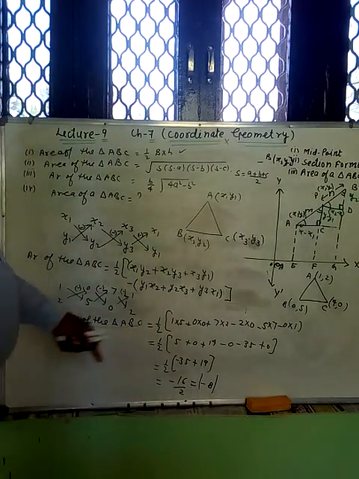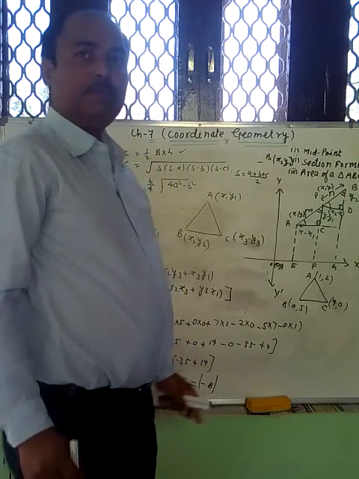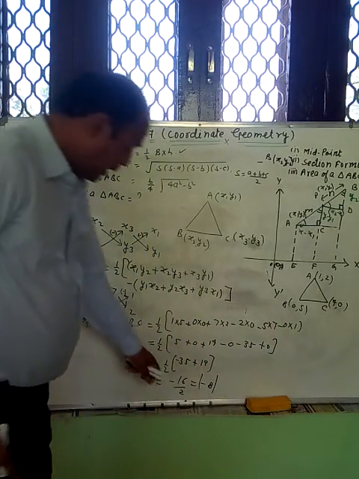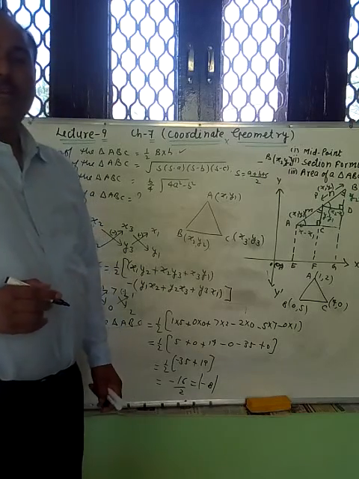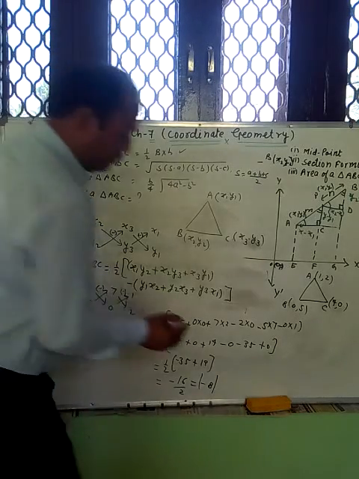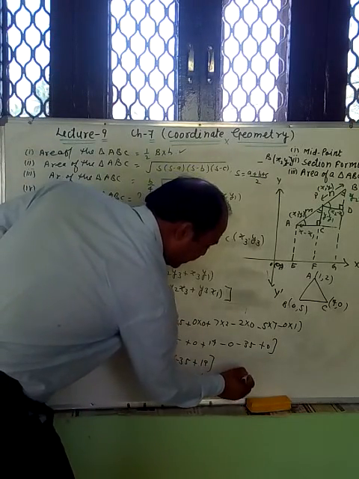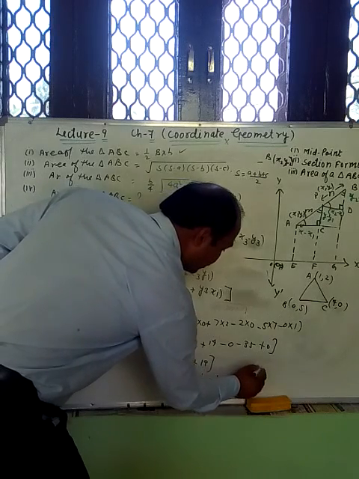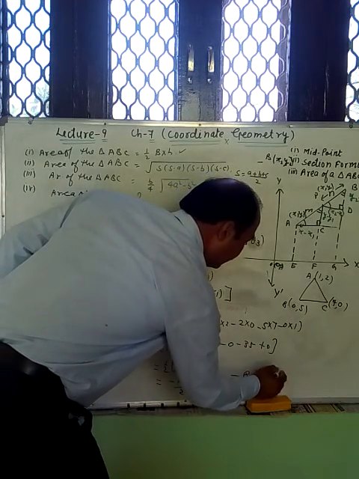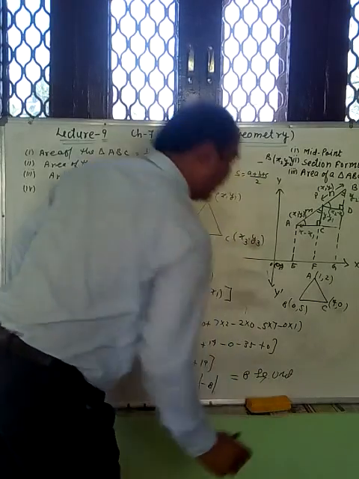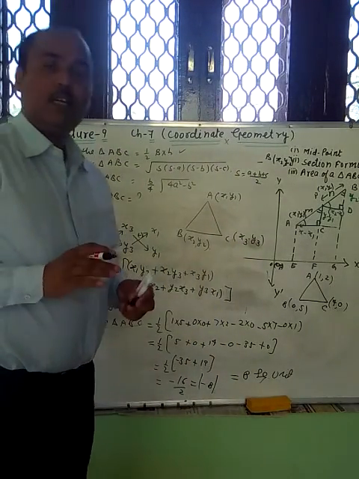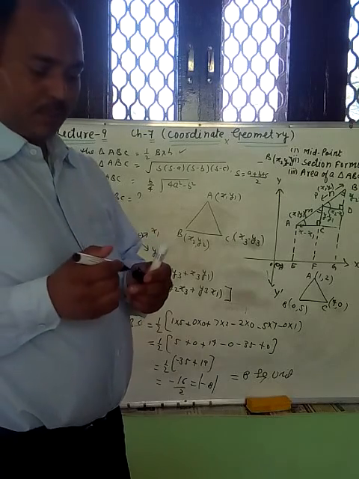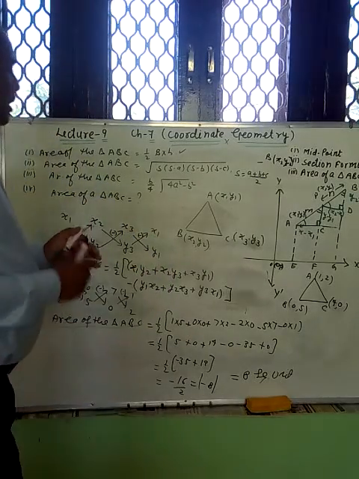But in coordinates, if the area comes with a negative sign, we take its absolute value, meaning with positive sign. So the area is 8 square units. Here it is negative but area is always positive.